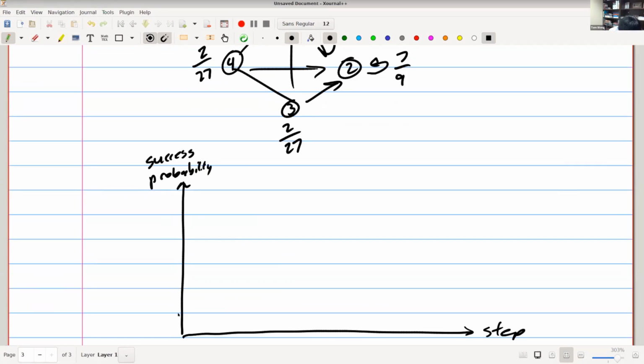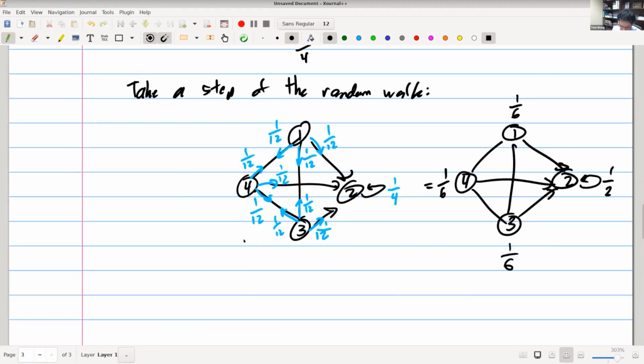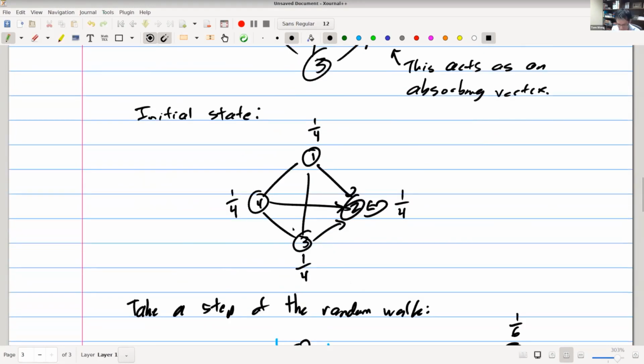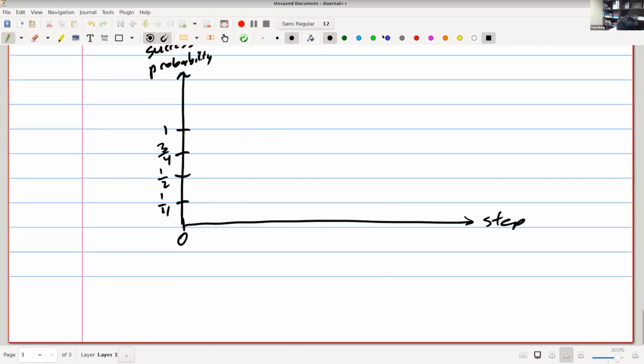Let's say we have a quarter, a half, 3/4, and 1. If we have 0 steps, remember that our initial state is that we equally guess all the vertices. You start at a random vertex, so the probability is a quarter. So it would start here.